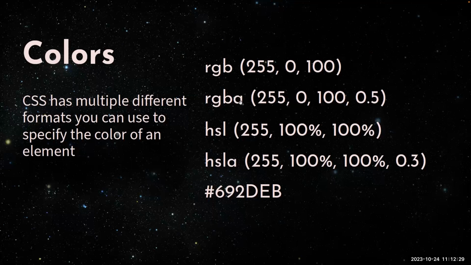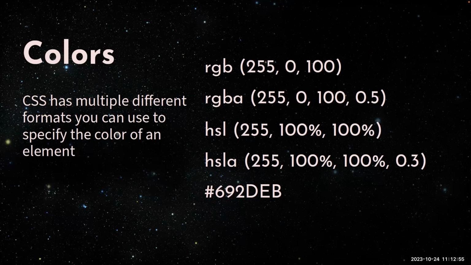The A stands for alpha, or the opacity. So this is on a scale of 0 to 1. So in this case, it's 0.5, which means that it's that same color from before, but 50% transparent. HSL is hue, saturation, and lightness. You might also see HSB, hue, saturation, brightness, same thing.